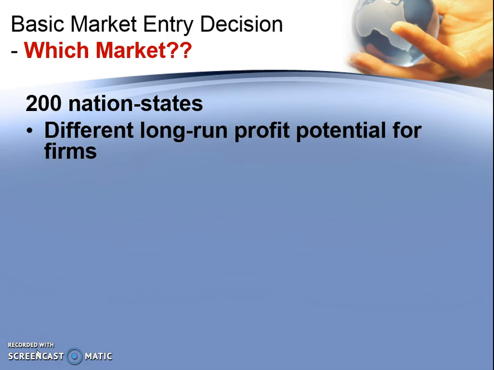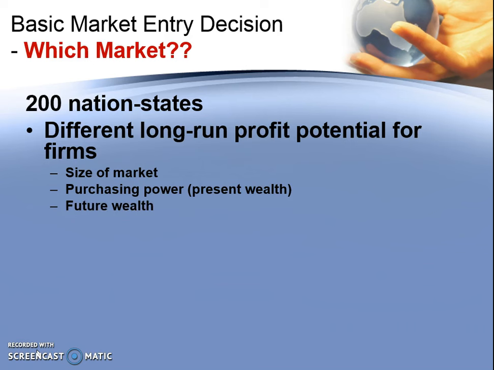First factor is the nation's long-run profit potential, which can be assessed by several sub-factors like the size of the market in terms of the demographics, the present wealth of the consumers in that market in terms of the purchasing power of the customers, and the likely future wealth of the consumers, which depends upon the economic growth rates and the living standards.